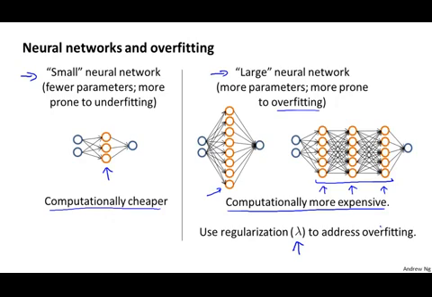But if you want to choose the number of hidden layers, one other thing you can try is to split your data into a training, cross-validation, and test set, and try training neural networks with 1 hidden layer, with 2 hidden layers, with 3 hidden layers, and see which of those performs best on the cross-validation set. So you take your 3 neural networks with 1, 2, and 3 hidden layers, compute the cross-validation error J_CV on all of them, and use that to select which is the best neural network.